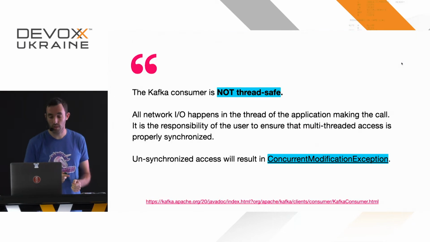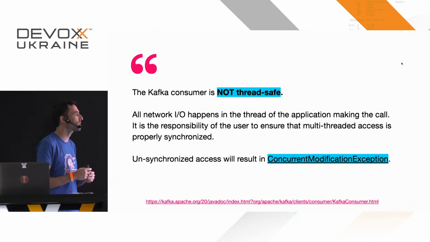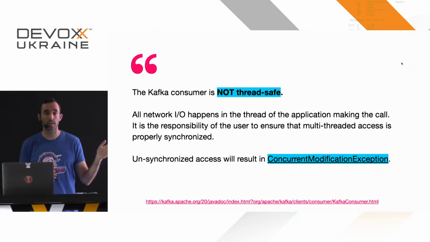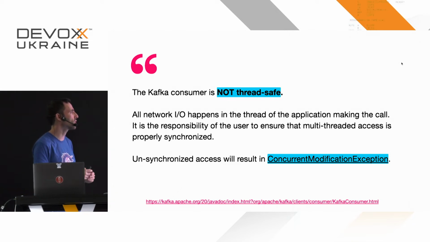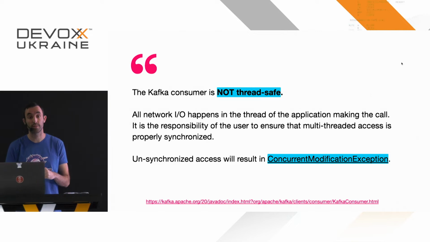Okay, so let's talk about other missing features of the Kafka SDK. This quote is from the official Kafka documentation, where it says the Kafka consumer is not thread safe.